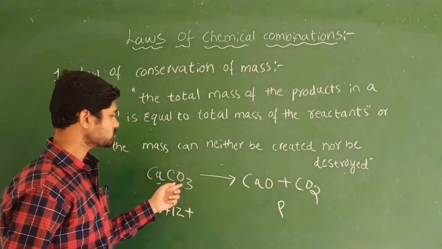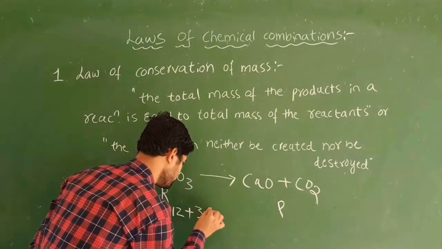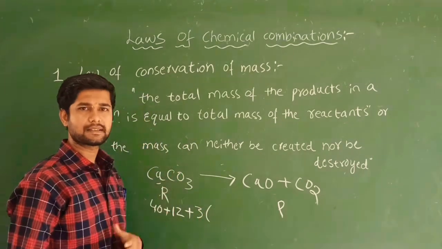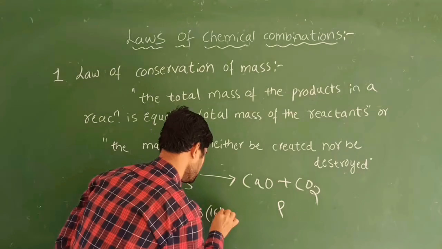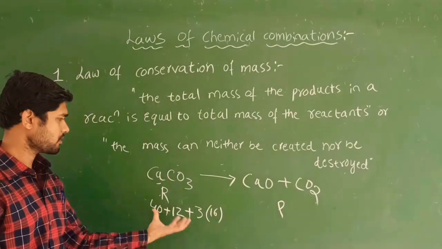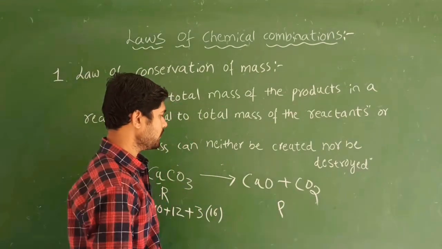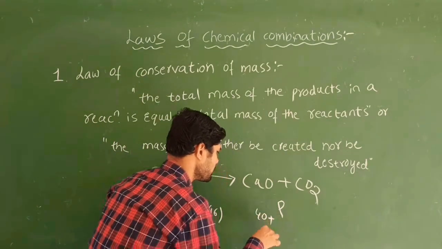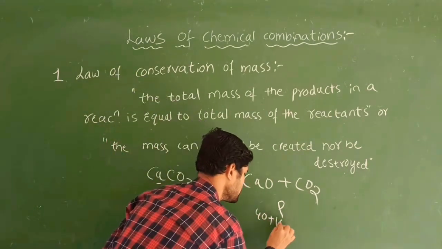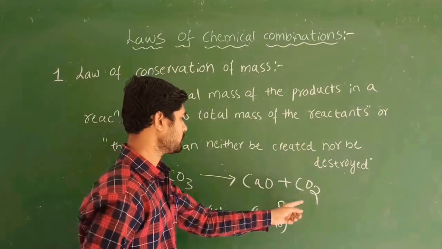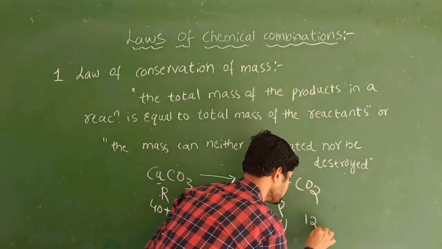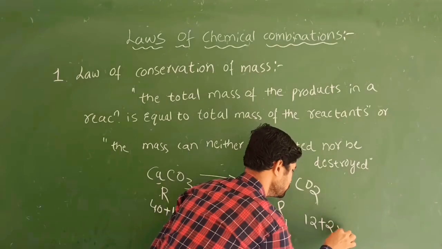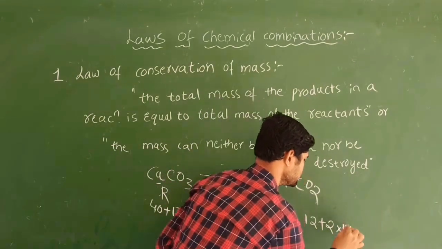Plus how many oxygens are there? 3 oxygens and its atomic mass is 16. So this is the reactant side mass. And coming to the product side, calcium again is 40 plus oxygen, same 16. And here carbon will be 12 plus 2 into oxygen 16.